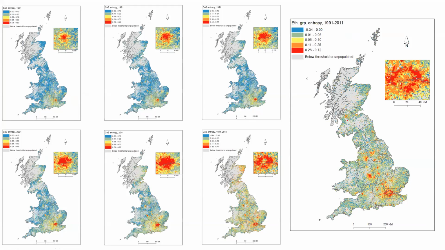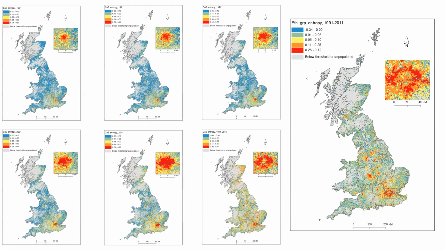The dark red indicates higher levels of diversity, and really very high levels in some cases. Orange and yellow indicate moderate to high levels of diversity, with the lowest levels depicted in blue and green, or actually decreases in diversity in the case of the change map, although that's a relatively rare occurrence.